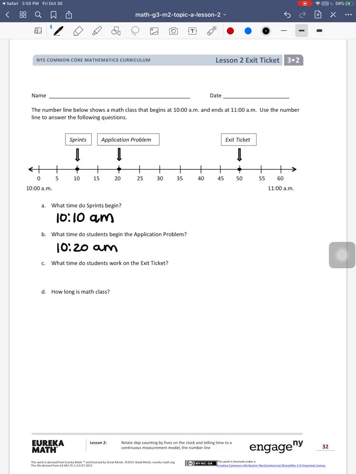That's right. They start their exit ticket at 10:50 a.m. Now, how long is math class? Remember, it starts at 10 and ends at 11. Right, you can say 60 minutes or you can say 1 hour. Either would be correct.